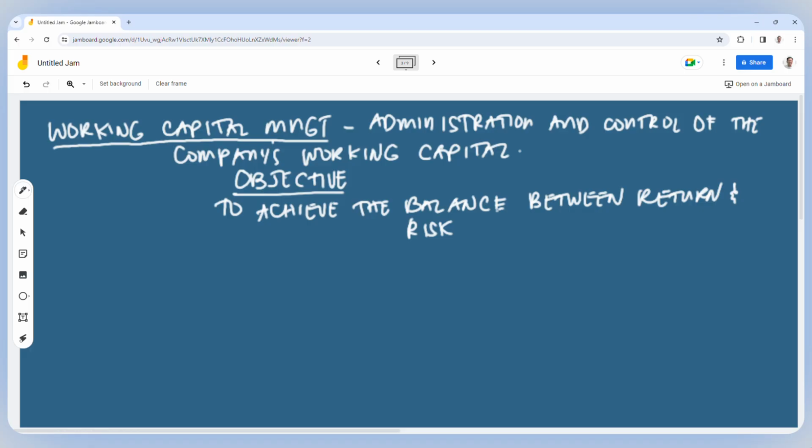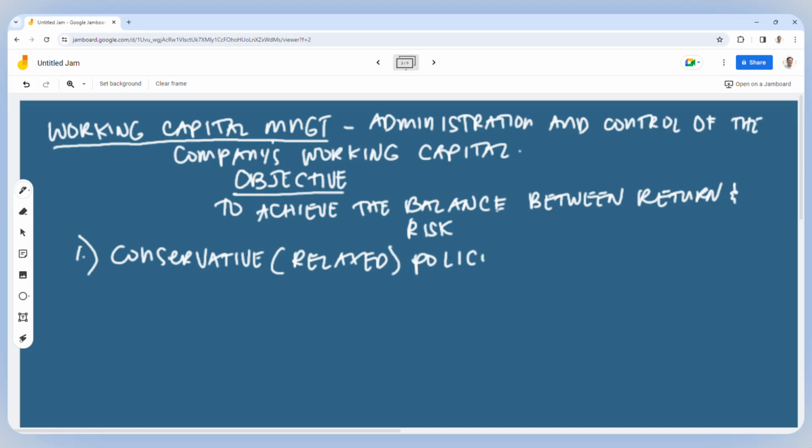Meaning to say, very important here is the policies. So what are the working capital financial policies? Number one, yung tinatawag nating conservative or relaxed policy.